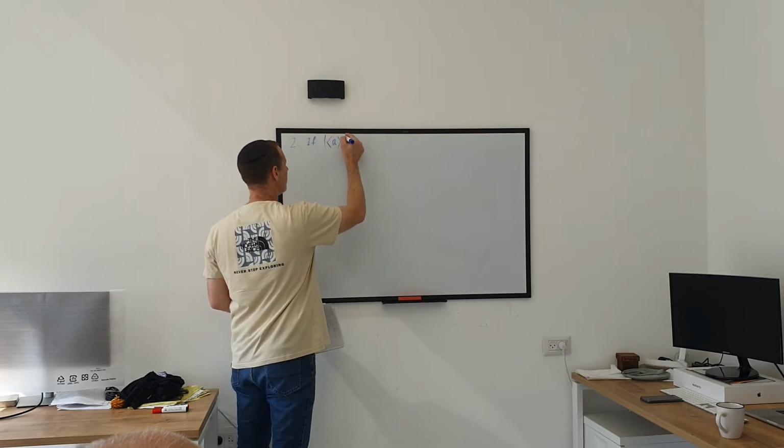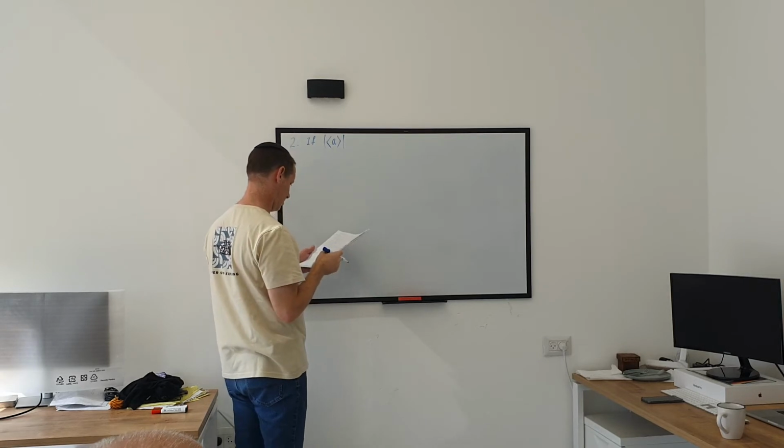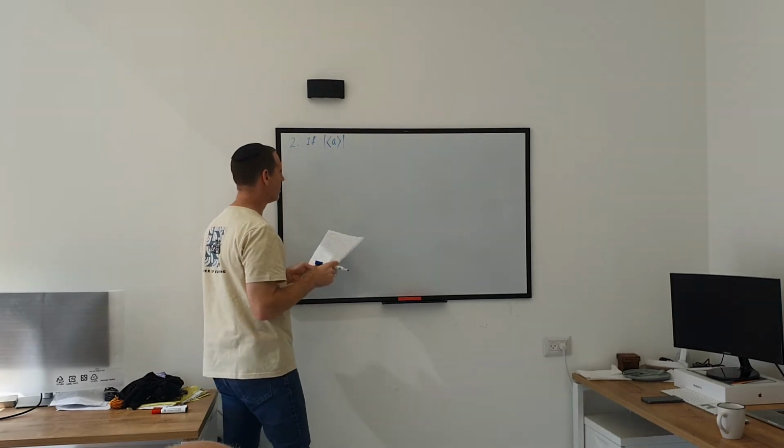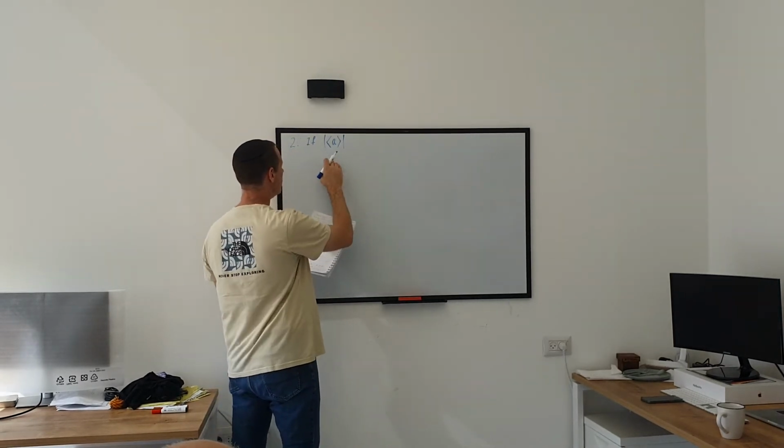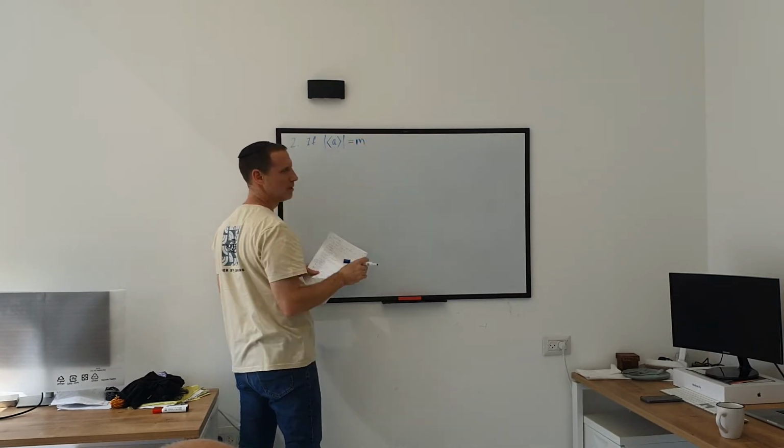So, if we take a cyclic group generated by A, of size n, okay?